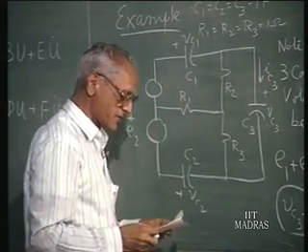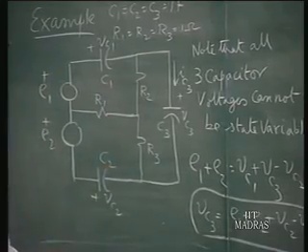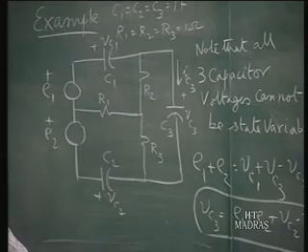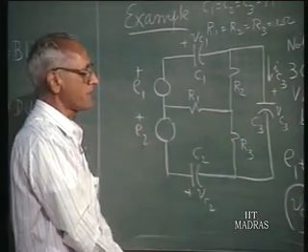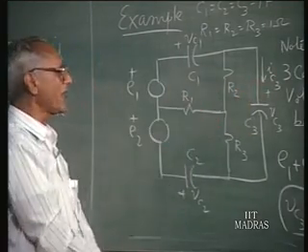So the state vector is Vc1 and Vc2, and IC3 is the current in the third capacitor, which we take to be an excess capacitor. C3 will be replaced by a current source of strength IC3. We will see how to handle that.